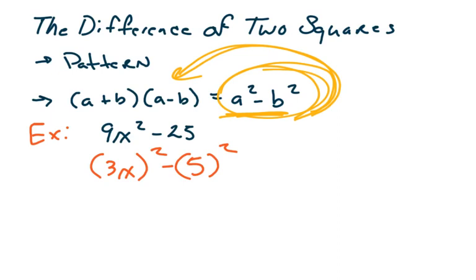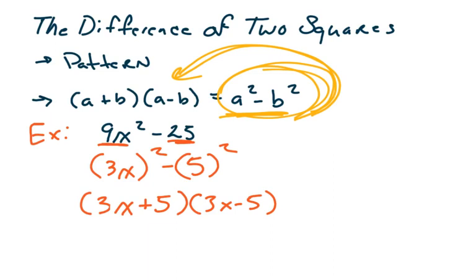I see a perfect square here and a perfect square here. x squared is a perfect square, because it's being squared, and 9 is a perfect square. So this is going to end up being 3x plus 5 times 3x minus 5.